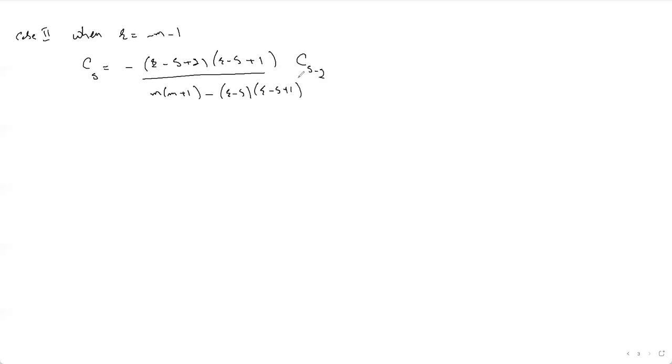So when r is equal to minus m minus 1, first I will write down the recurrence relation: you know that cs is equal to minus (r minus s plus 2) into (r minus s plus 1) divided by m into m plus 1 minus (r minus s) into (r minus s plus 1), into c s minus 2, this is the recurrence relation.